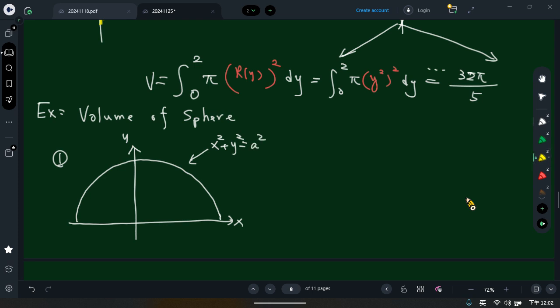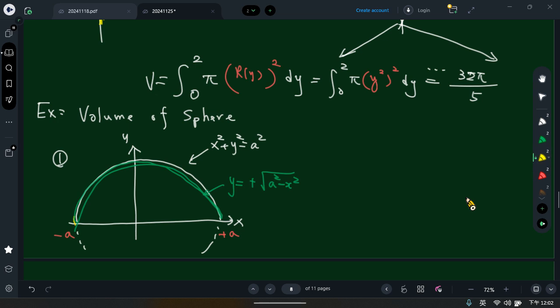For the upper part, originally it should be the whole curve, right? But for the upper part, it will be y is equal to the positive square root of a squared minus x squared, right? Then the two endpoints will be negative a to positive a.